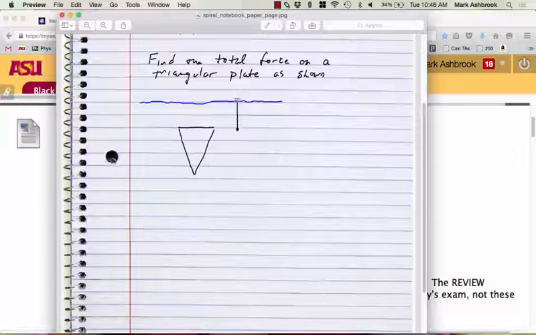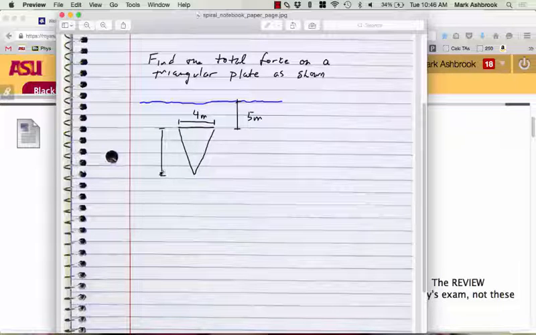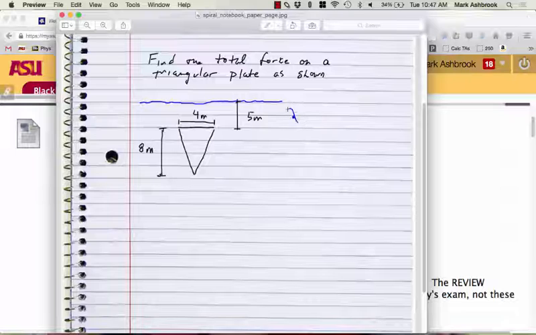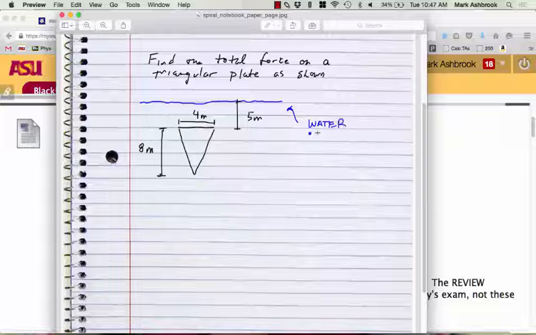And let's say this is 5 meters below the surface. Say this is 4 meters. Let's say that's 8. And it's in the water.